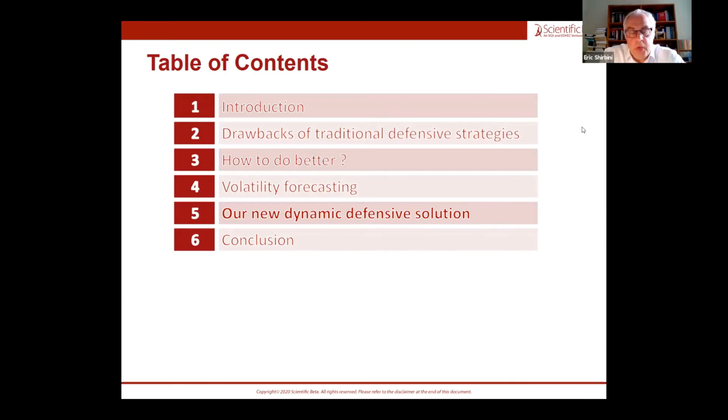But let me just conclude this presentation now by looking at some of the properties and some of the performance of this dynamic defensive solution. We call it a dynamic defensive solution because we're dynamically controlling the volatility to maintain a more constant volatility throughout time.